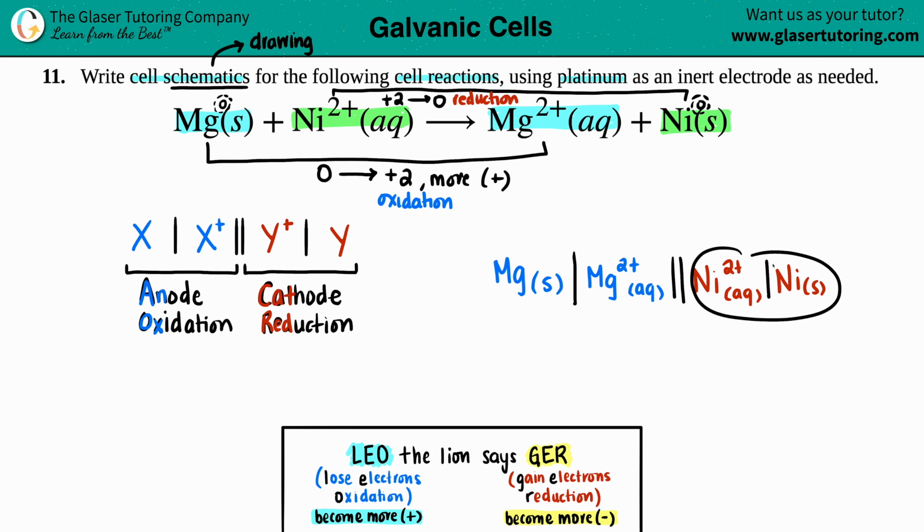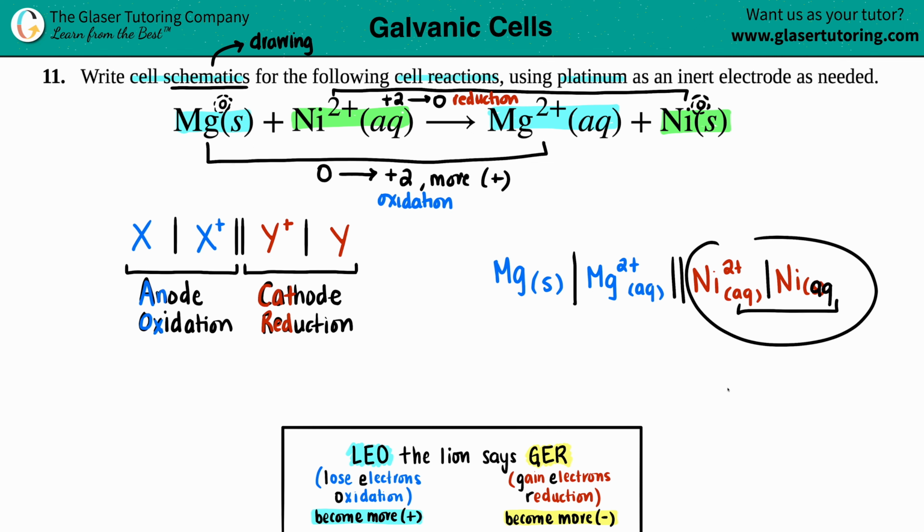And for my reduction side, my cathode, we have a solid, so we do not need platinum. But for example, if I just changed this to aqueous and we had 2 aqueous species on the cathode side, then we would use platinum. But in this case, we don't need it. So, final answer, box this off. How easy was that?